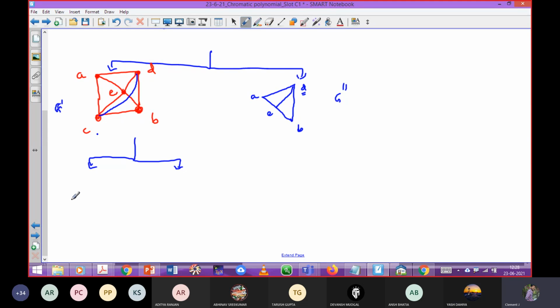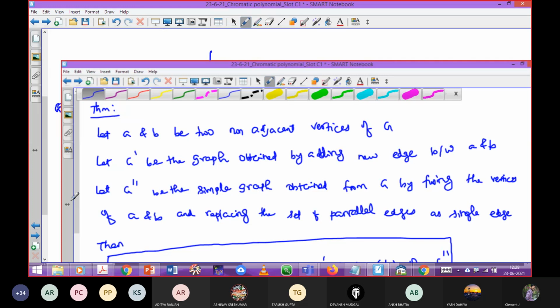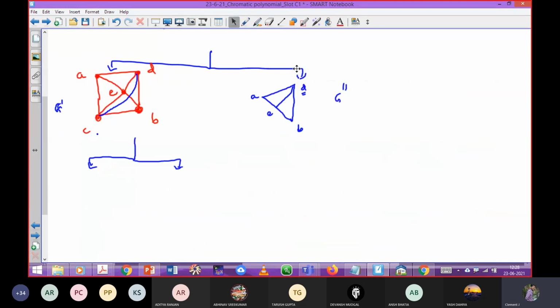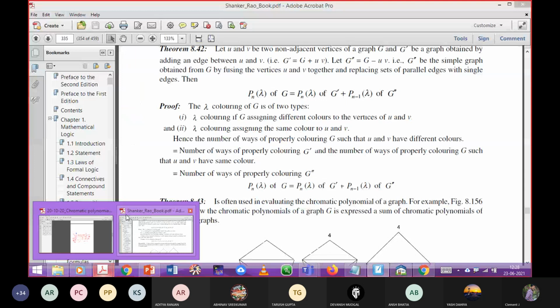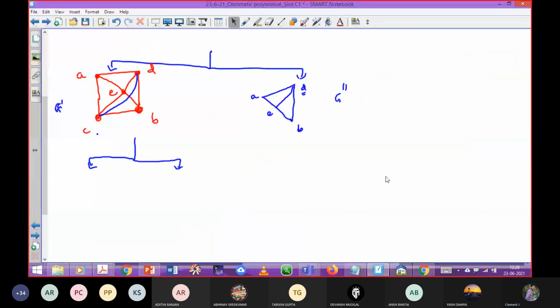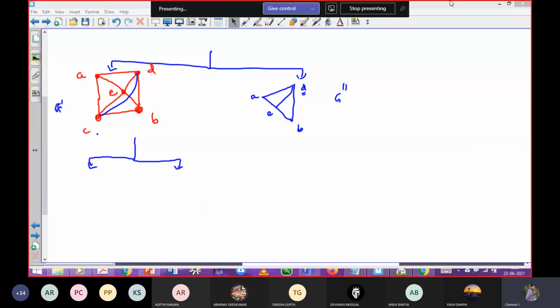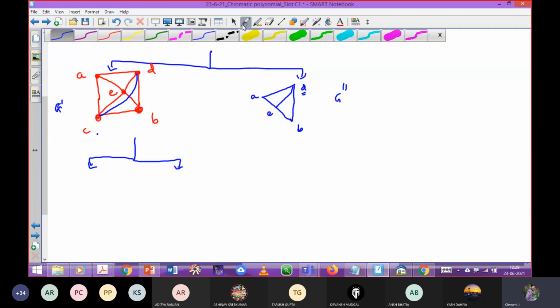So here I'm going to use the same graph.